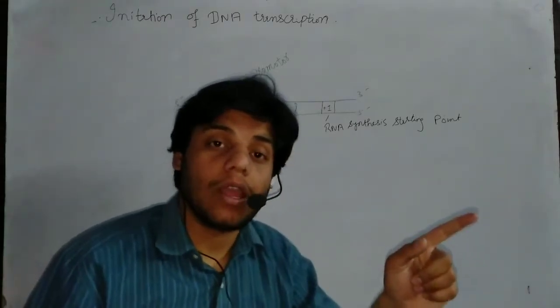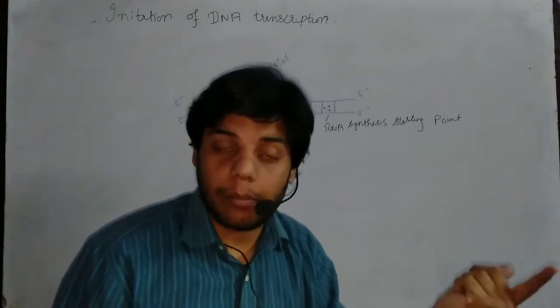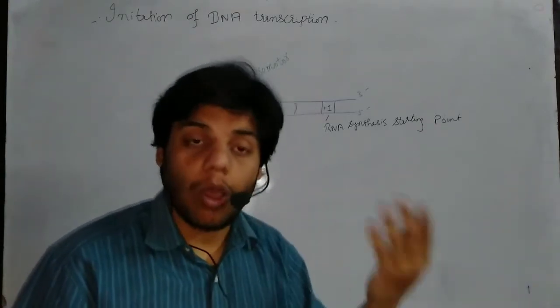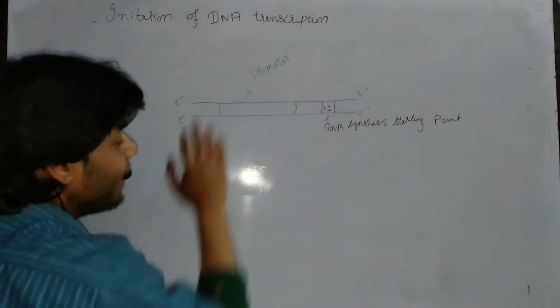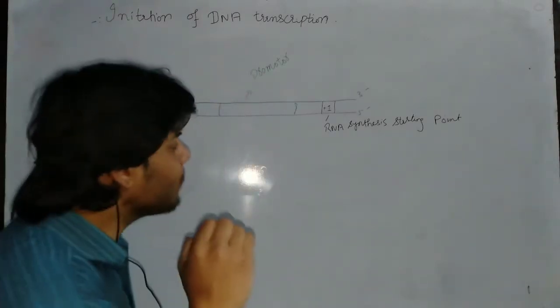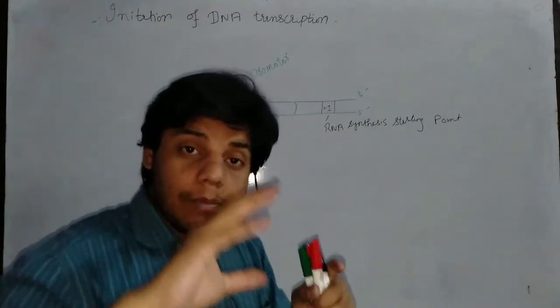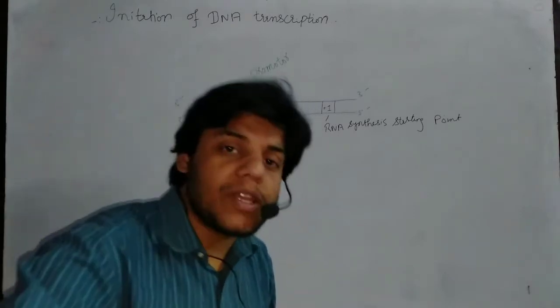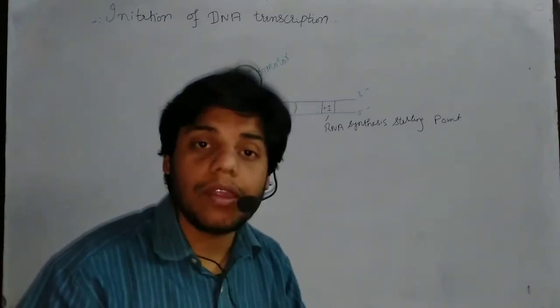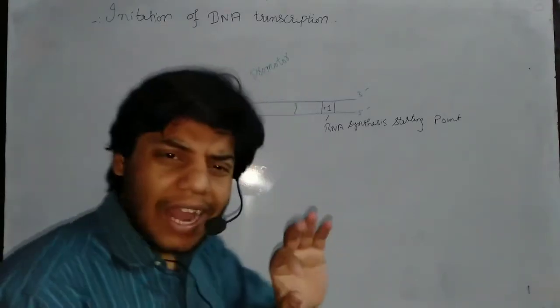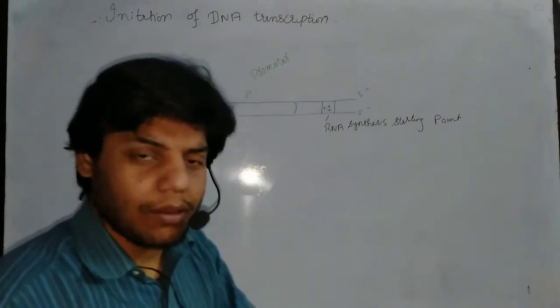Just think about how large this RNA polymerase will be. Now in the promoter region, there are some consensus sequences. Consensus sequences means there are some sequences which are always present in every DNA, in every organism, but a little bit of change may occur.